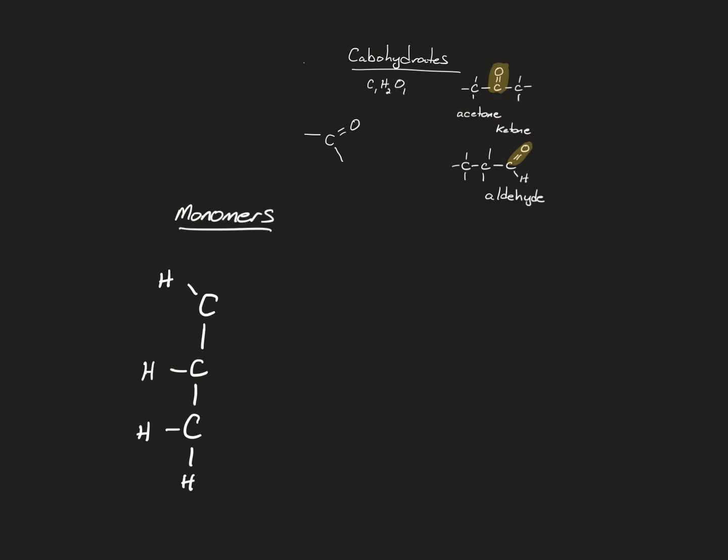So here's this 3-carbon sugar. It has this aldehyde. It's an aldehyde because the functional group is at the end, not in the center. And then you have an OH, an OH. So again, the name of this is glyceraldehyde.